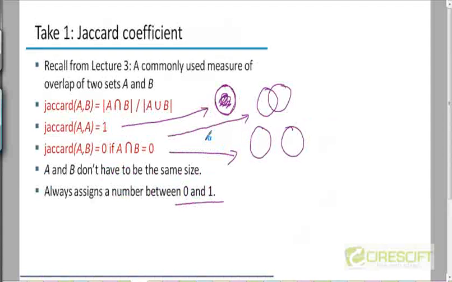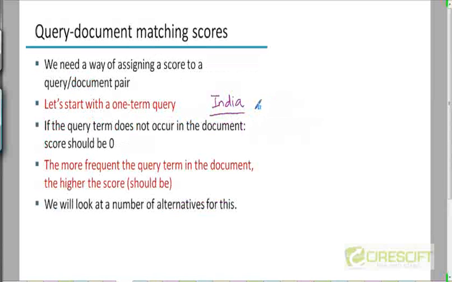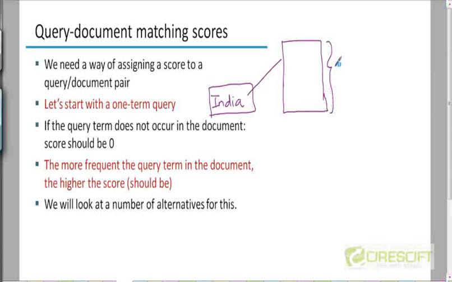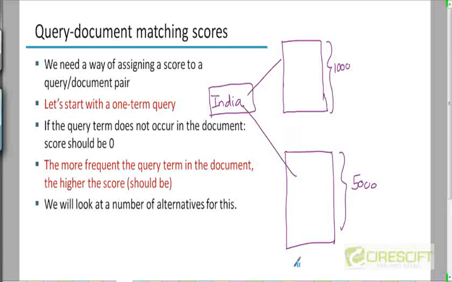And you can see that if you had considered a single query as we were originally going to do, so there's only one term in the query. Let's say there is a document of size 1000 which mentions the word India, and there is another document of size, I don't know, 5000 tokens which also mentions the word India.